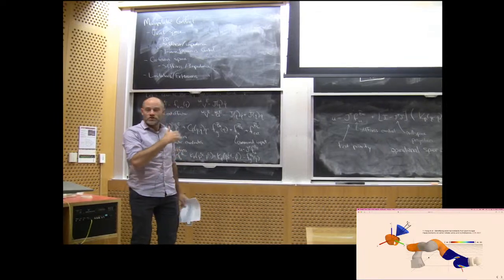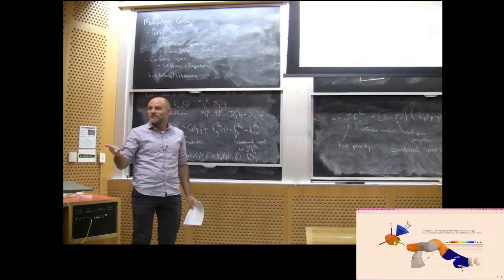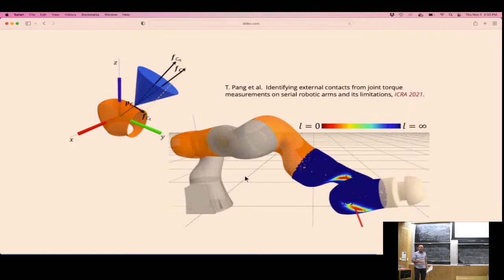If we know J transpose F equals torque, then you can ask the question, if I'm feeling torques that I didn't expect at my robot, where on the robot did that force come from? Okay? And you can imagine if you can estimate by looking at your joint torque sensors where on the robot you made contact, then you could program the response to interact at that point with some impedance or some stiffness.